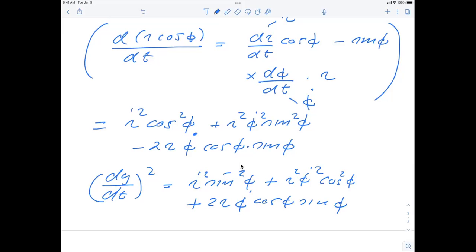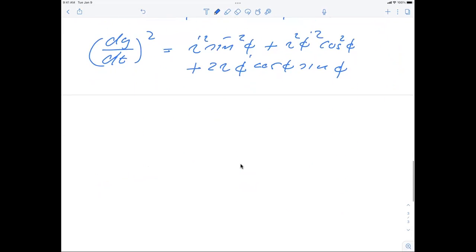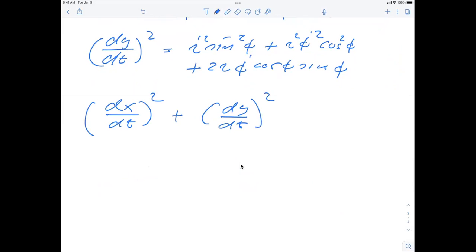So what we end up with is dx/dt squared plus dy/dt squared, which is equal to vx squared plus vy squared, and that becomes simply r dot squared plus r squared multiplied with the angular velocity squared.